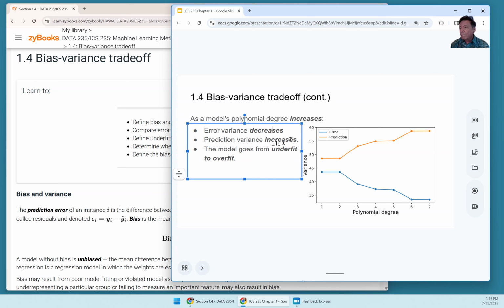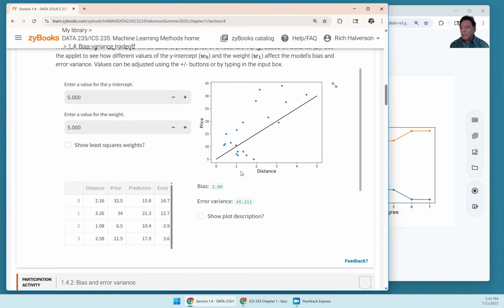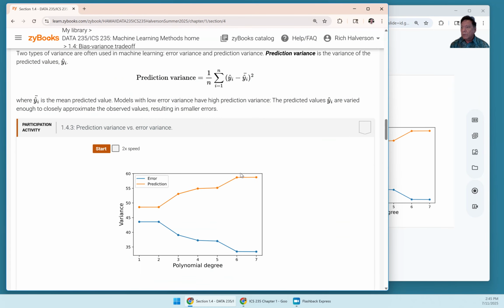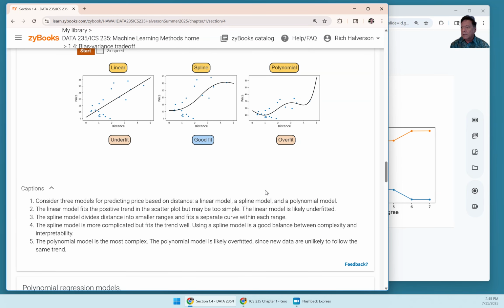So the prediction variance increases when the polynomial degree increases. And then the model goes from being underfit to overfit. You have to read section 1.4 to really understand what that means, but you can kind of understand what it means.